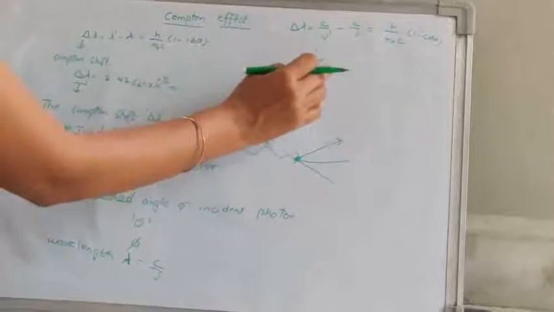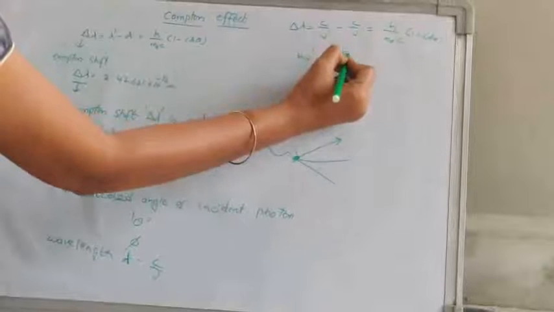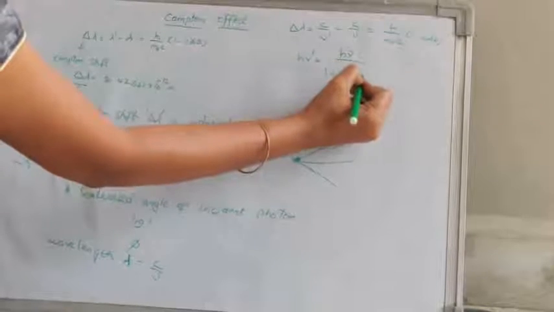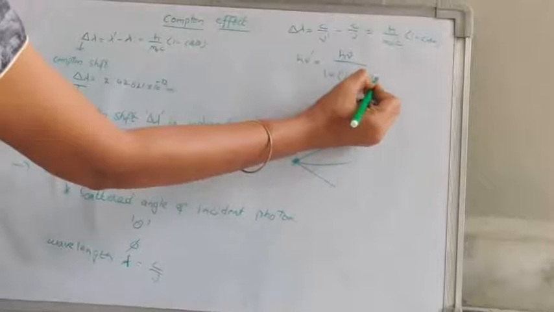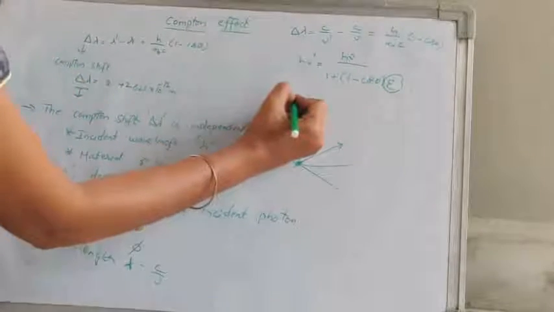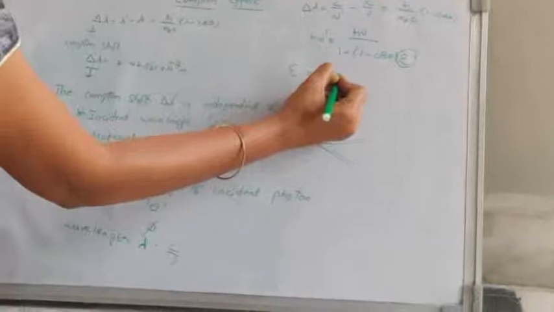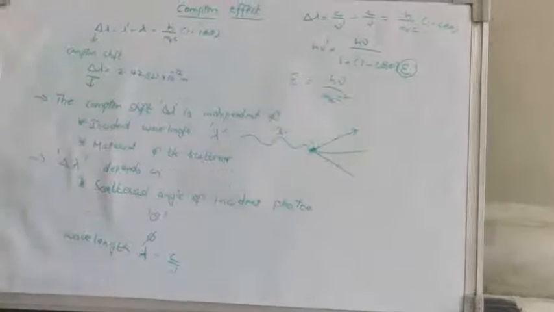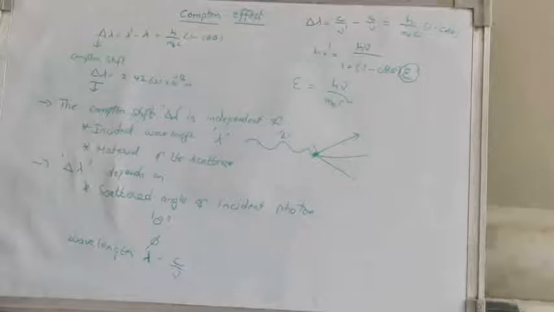So h nu dash is equal to h nu by 1 plus 1 minus cos theta into epsilon, whereas this epsilon value is given as h nu by m e c square.